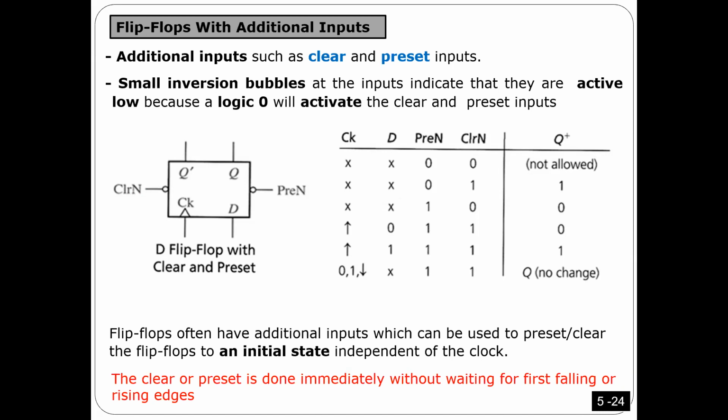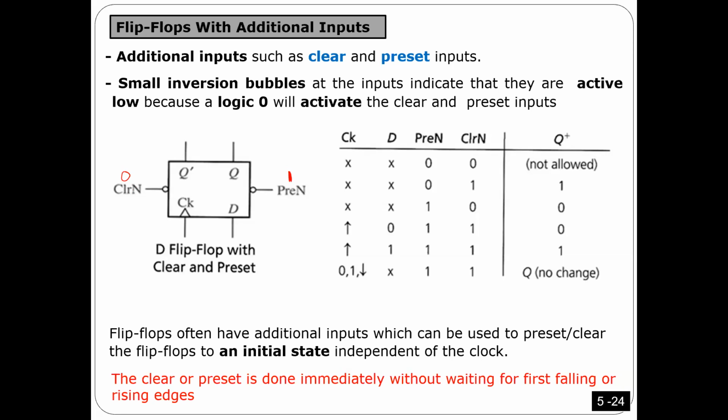If we do this way, listen to me. Now the operation will be this way. You have one of three cases. The first case, I have 0 here, and then for sure you should have 1 here. If you see a bubble like this one, what does it mean? Active low.